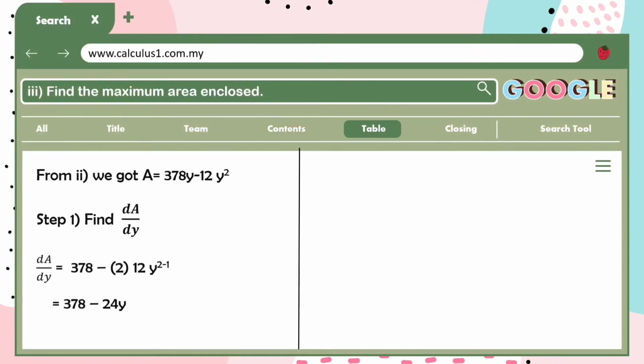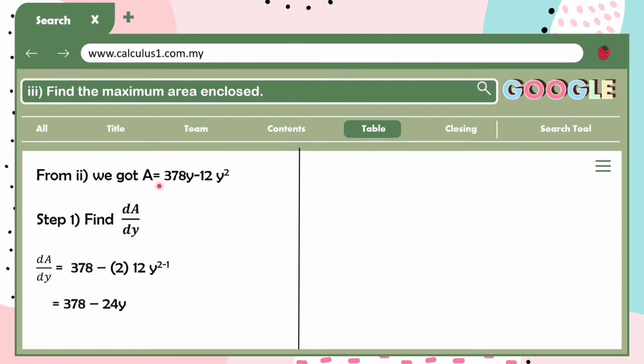The third question, we need to find the maximum area enclosed. From equation 2, we got A equals 378y minus 12y squared. Firstly, we differentiate A with respect to y, and we get dA over dy.